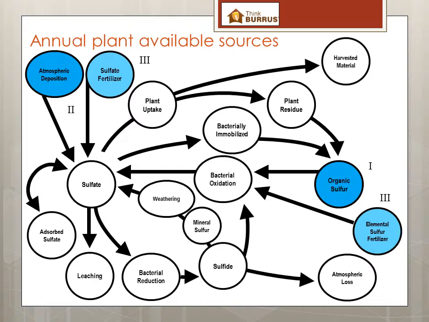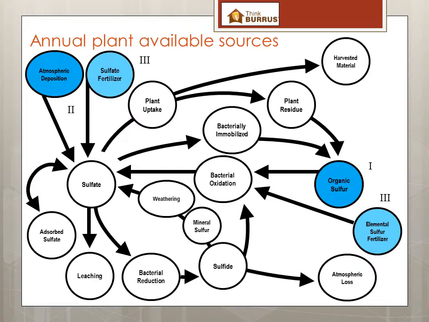I've kind of mapped out here my view of what really becomes most important for supplying sulfur to the plant. And I want you to notice that one of the most important sources of sulfur for the plant is actually not fertilizer. It's not atmospheric deposition. One of the most important sources of sulfur for the plant is organic material, dead plant and animal material in various states of decay in the soil.